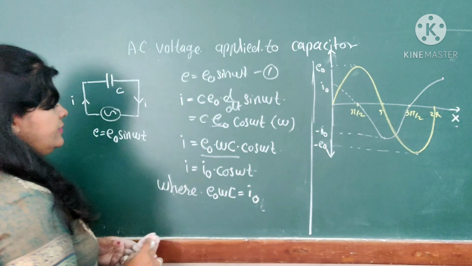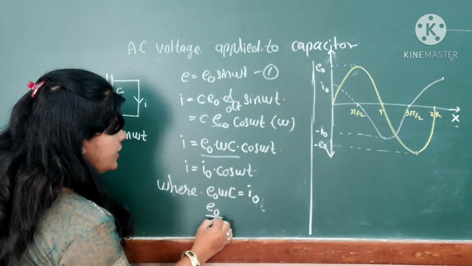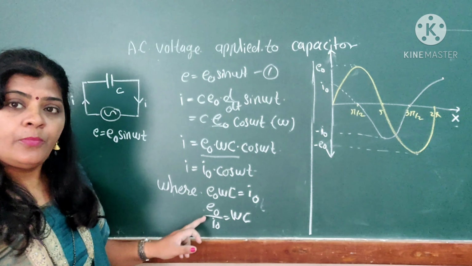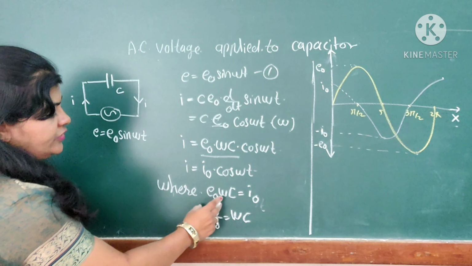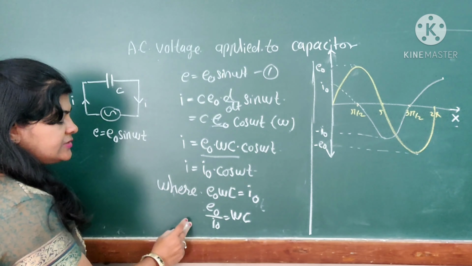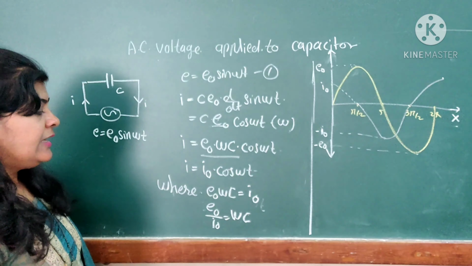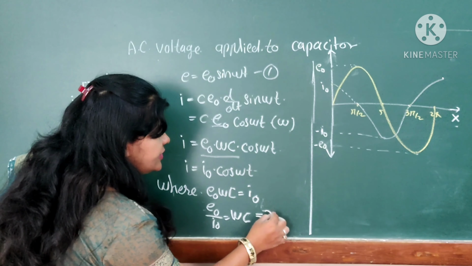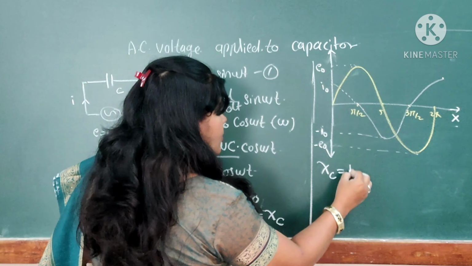From this we can also calculate that E naught upon I naught is equal to omega C. This E naught upon I naught is called the resistance, because we know that the voltage upon the current gives the resistance value, but here the capacitor is there and the capacitor is opposite. That's why that resistance we call the capacitive reactance, and the capacitive reactance is denoted by Xc. Therefore, Xc is equal to the omega.